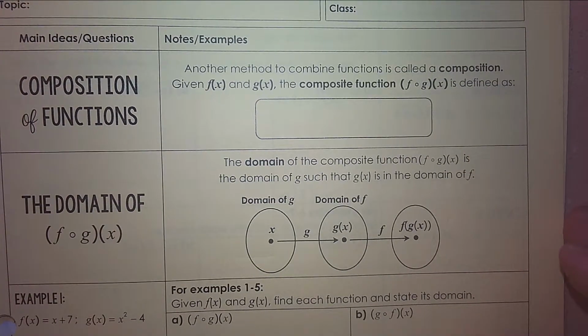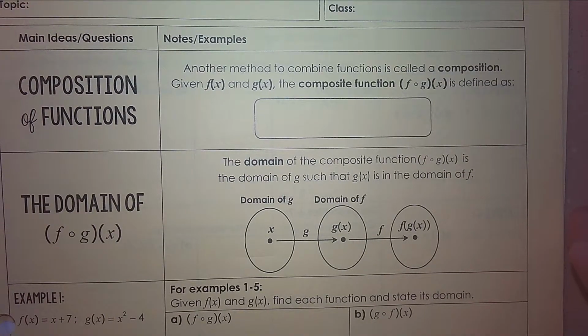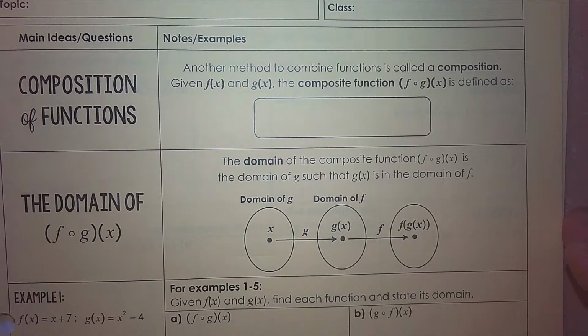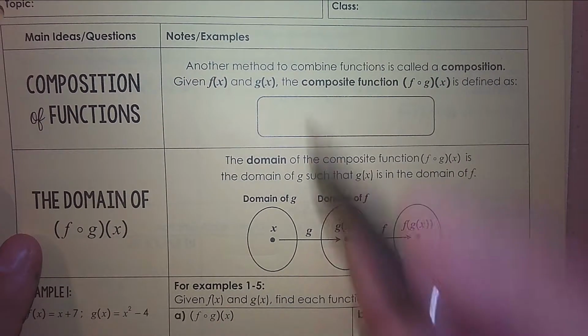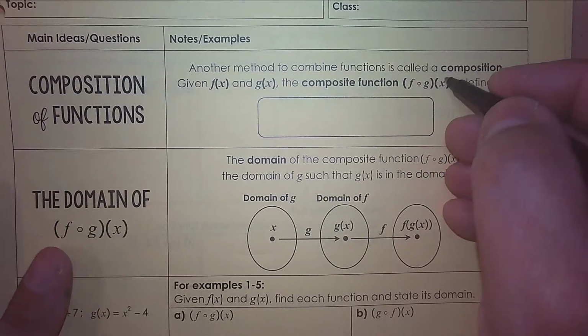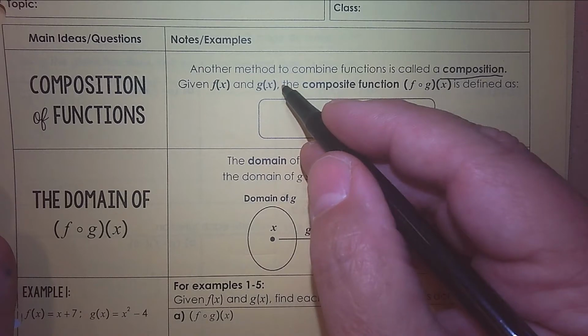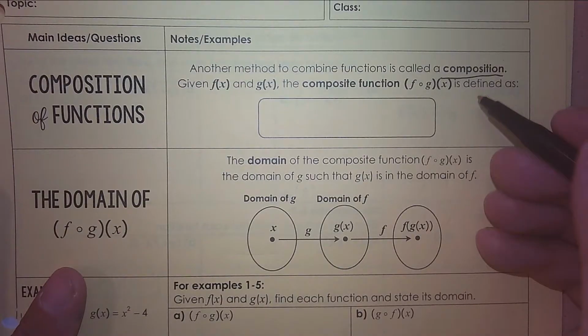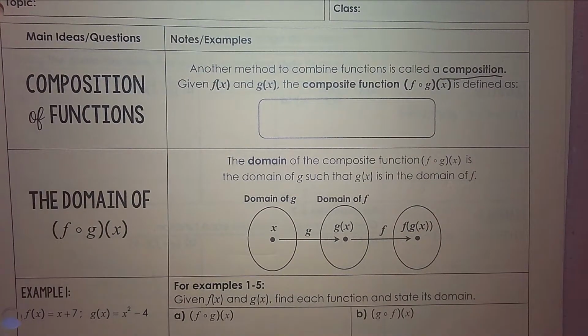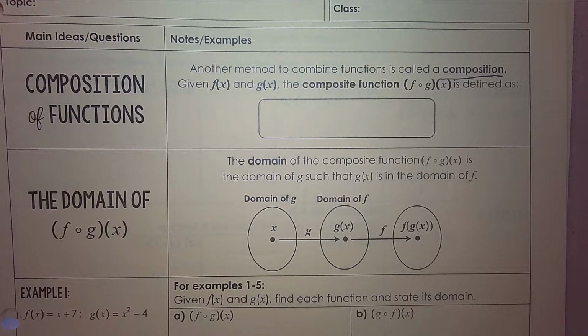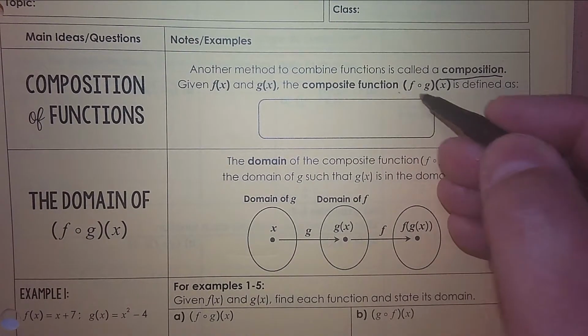So this is the part that you have not seen before. Another method to combine functions is called composition. Given f of x and g of x, the composite function f, and this is how you read it, and that's going to be part of my goal today so that you know how to read it, we say f composed by g at x.